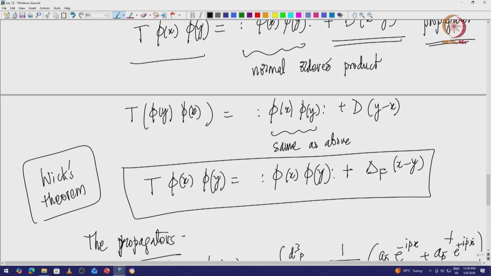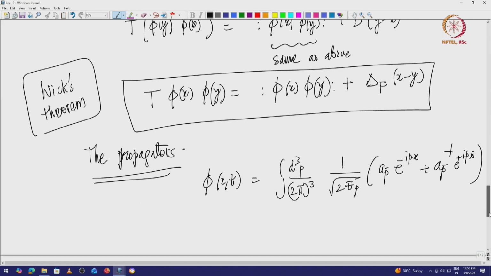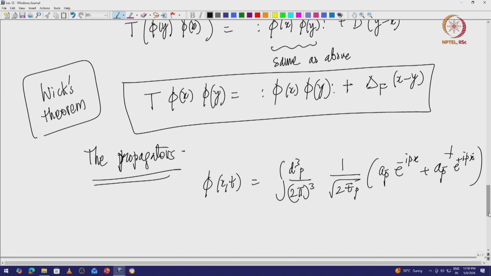So we are already reaching the propagators, and these propagators will vanish outside the light cone, where they actually decay exponentially outside the light cone, and we will see other further properties of it in the next class essentially. So let me stop here.